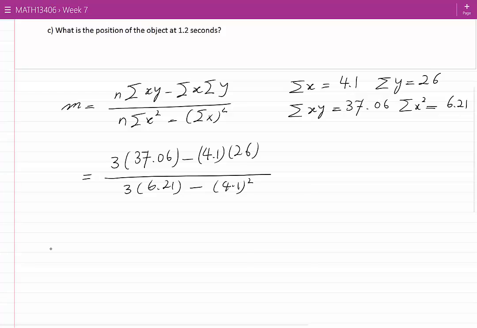Using calculators, we see that this is approximately 2.52.